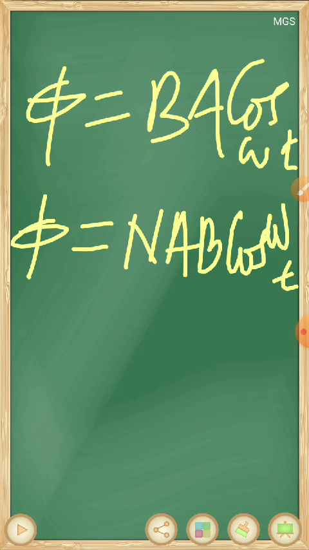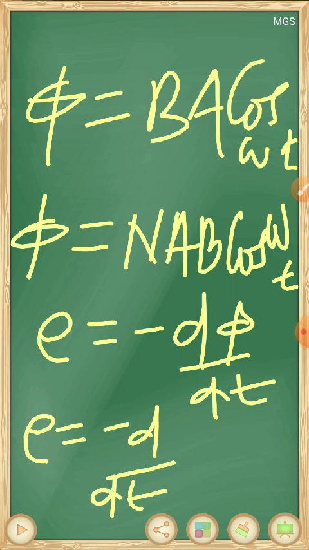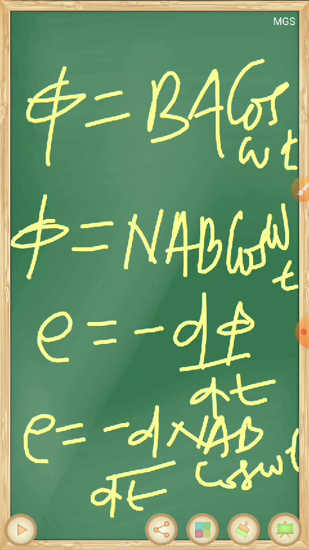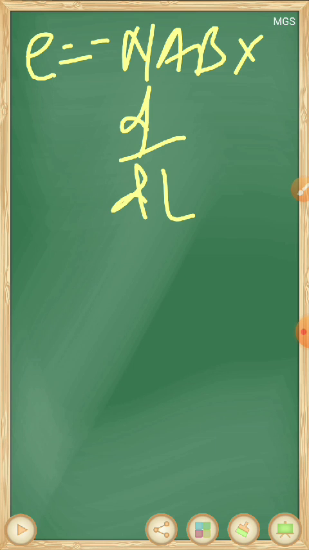From Faraday's law of electromagnetic induction, we know that E is equal to minus d phi by dt. So this is equal to minus d by dt of N A B cos omega t. So N A B is constant. So it is equal to minus N A B into d by dt of cos omega t, which is minus sin omega t into omega.